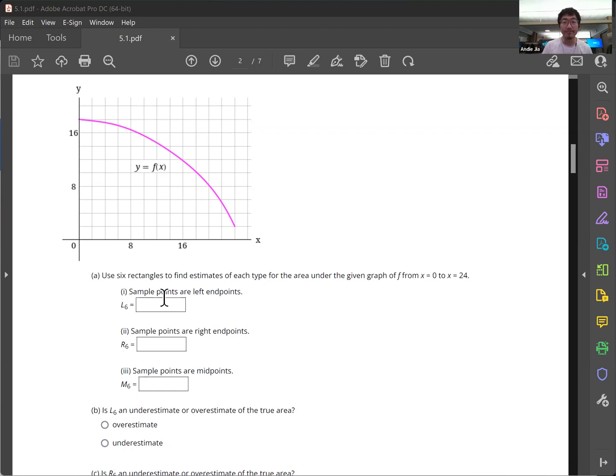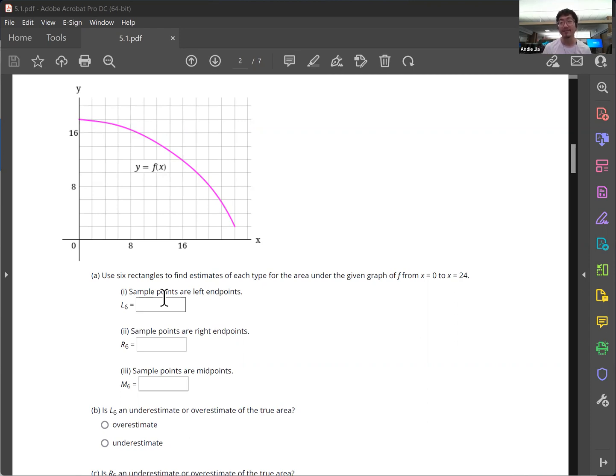To do the midpoint, take the middle of each subinterval. So we do 1.5, 4.5, 7.5, 10.5, 13.5, 16.5, 19.5, and 22.5.